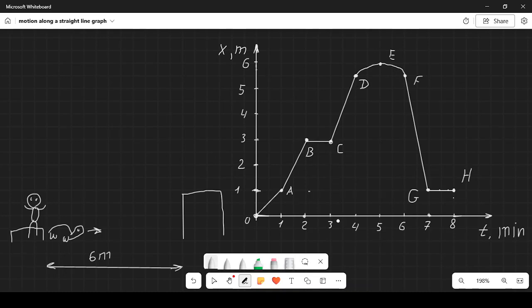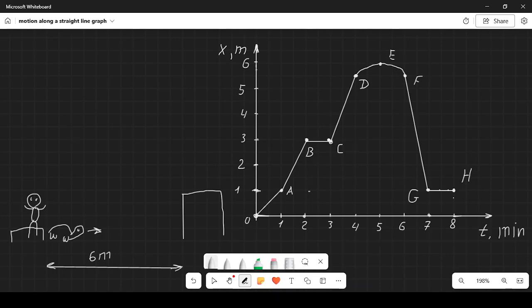At this point, 3 minutes went past from the moment when the turtle started to move, and our turtle started to move again. Let's see what speed our turtle has during this fourth minute. How does the position of the turtle change during this 1 minute?